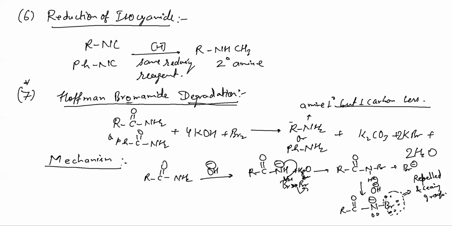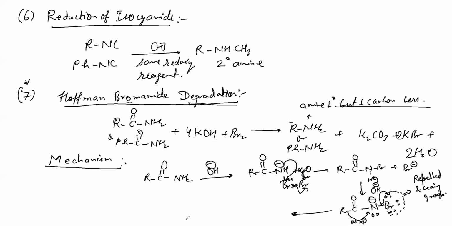So at the very same time, your Br leaves. Now, once Br leaves, try to understand: nitrogen will lose its octet. Why? Because nitrogen already has 8 electrons right now, but when Br goes, Br will take 2 electrons. So the octet of nitrogen will be broken. In order to stop the breaking of the octet of nitrogen, this R migrates to this N as R minus.